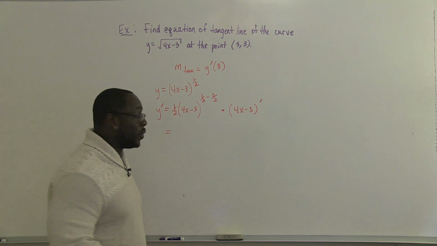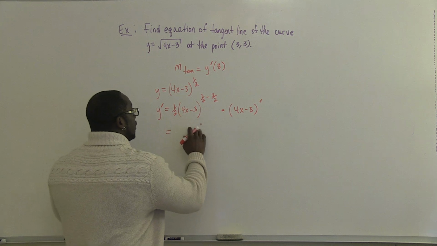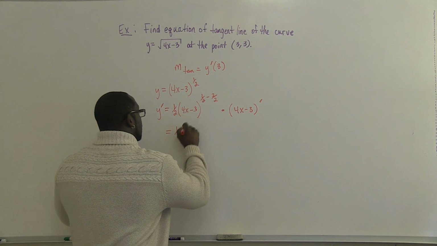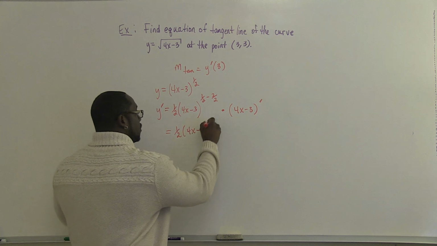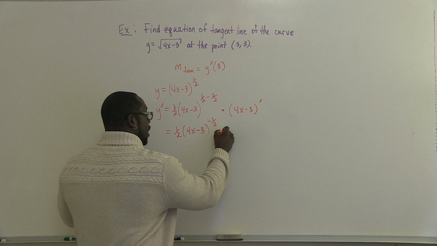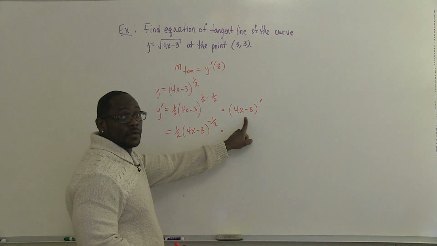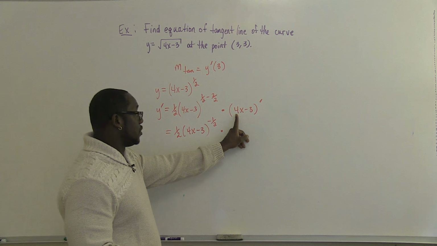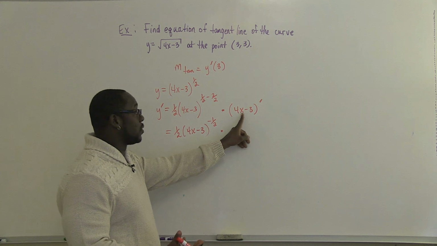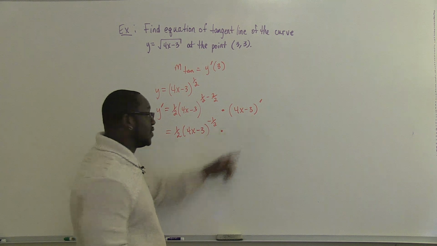So from this point, we'll go ahead and clean this up. And we see that this is 1/2 times 4x minus 3 raised to the negative 1/2. And if we do the derivative of 4x minus 3, we know that that's just going to be 4. The derivative of 4x is just 4. The derivative of any constant is 0.